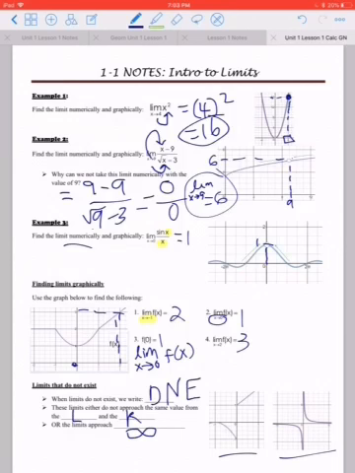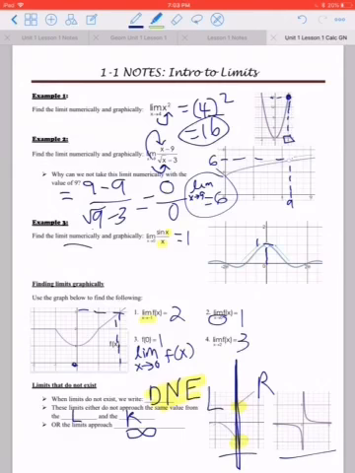One of them doesn't approach the same value from the left and from the right. If I split this graph into two parts where it changes, the left side and the right side do not approach the same value. The left side is approaching this value down here, which I think is -1, and the right side is approaching 1. So that would be a does not exist limit.